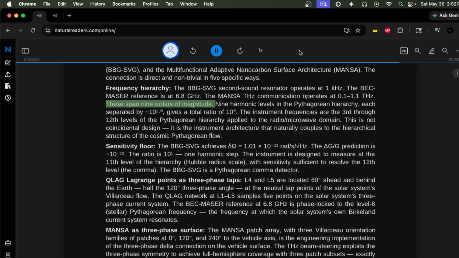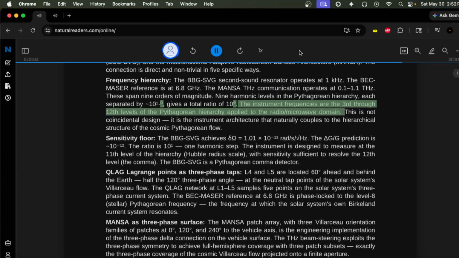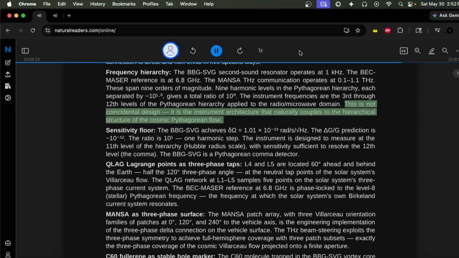These span 9 orders of magnitude. 9 harmonic levels in the Pythagorean hierarchy, each separated by approximately 10 to the power of 1, gives a total ratio of 10. The instrument frequencies are the third through to the power of 9/12 levels of the Pythagorean hierarchy applied to the radio, microwave domain. This is not coincidental design, it is the instrument architecture that naturally couples to the hierarchical structure of the cosmic Pythagorean flow.